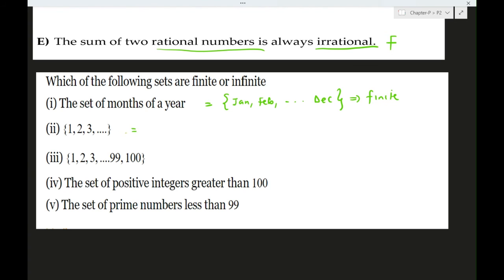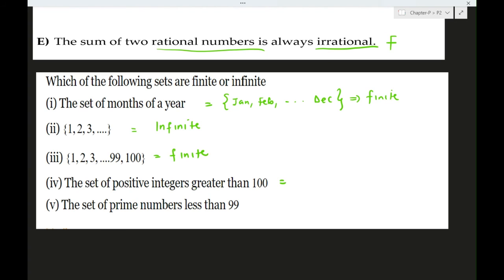This one, you have numbers 1, 2, 3. This is just like the set of natural numbers. You cannot exhaust them, you cannot count them, so they are infinite. And here you see that this one is finite because you have 1, 2, 3 up to 100.